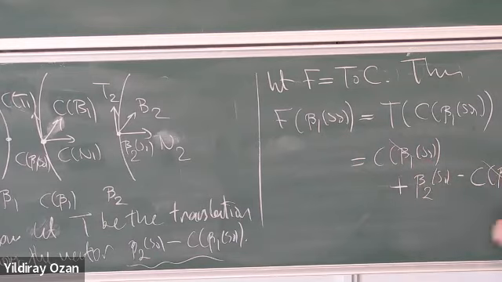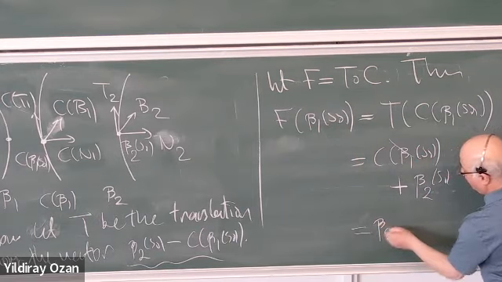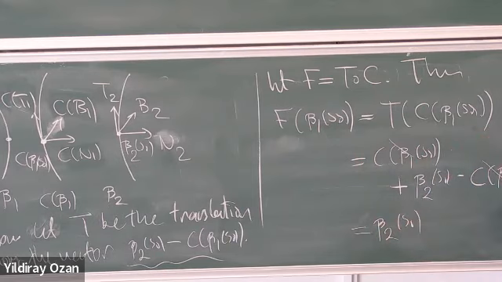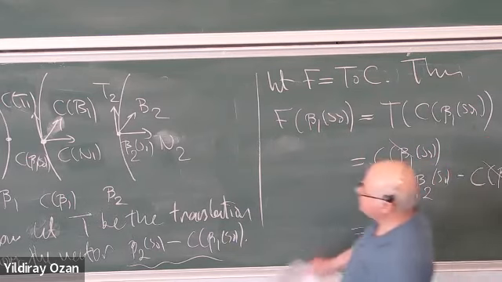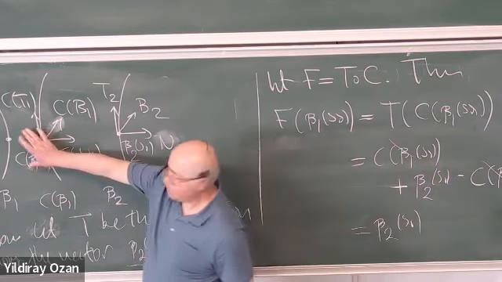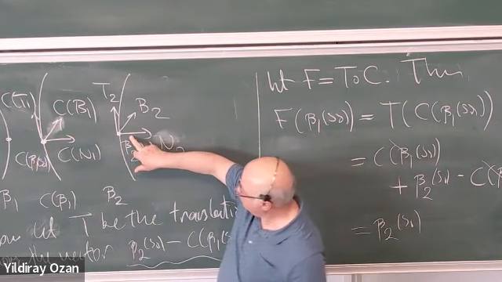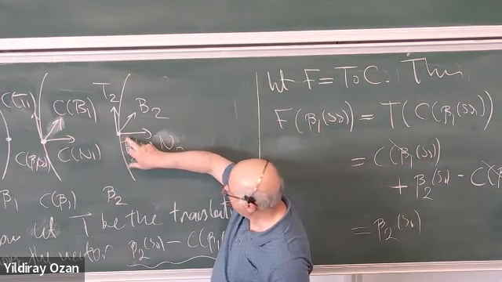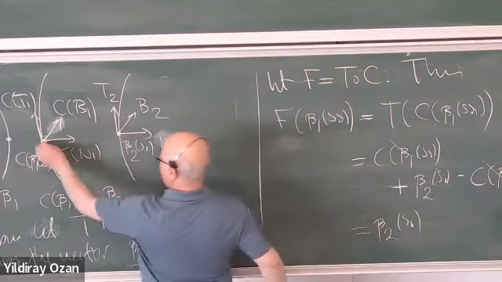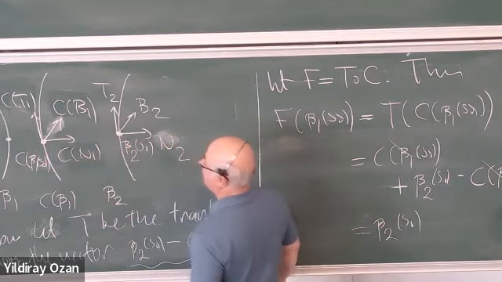And these are canceled. Therefore, I have beta 2 of S0. So that translation just sends this curve to here, so that this point moves to this point.